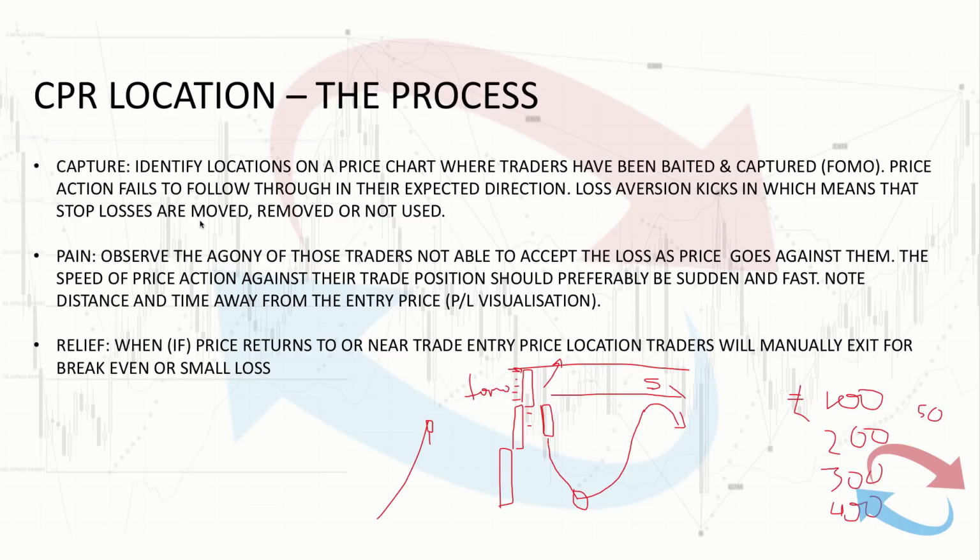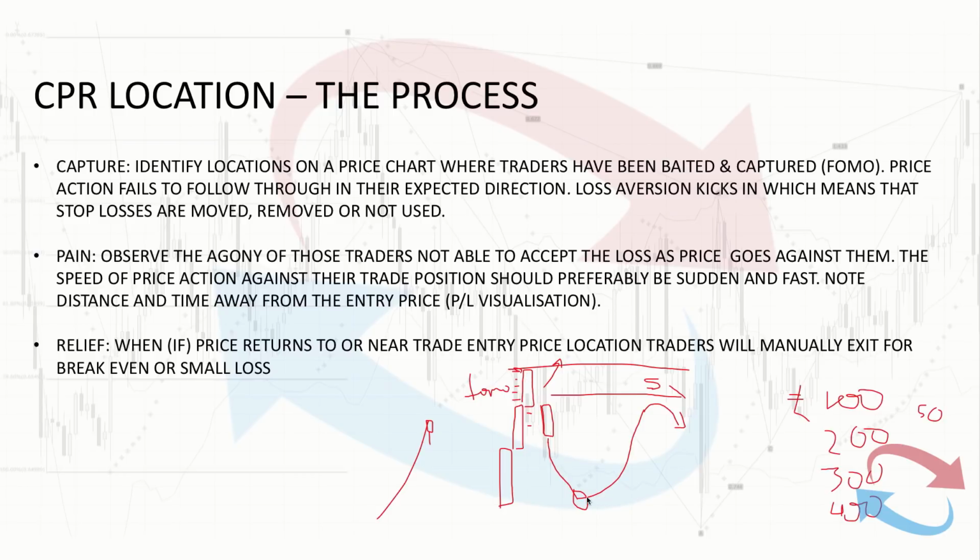So we need traders to go through the pain phase, which is to observe the agony of those traders not able to accept the loss as price goes against them. The speed of price action against their trade position should preferably be sudden and fast. Note distance and time away from the entry, right? So I've just explained that. When you see prices come into a level, then prices go away.